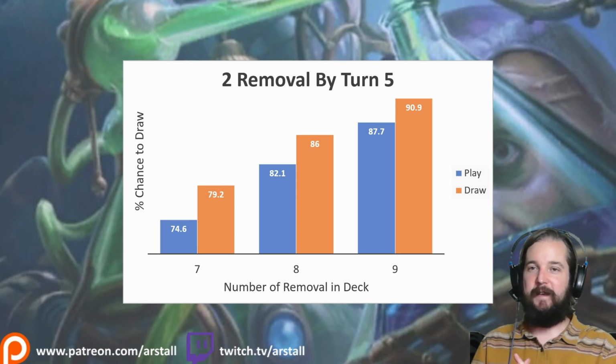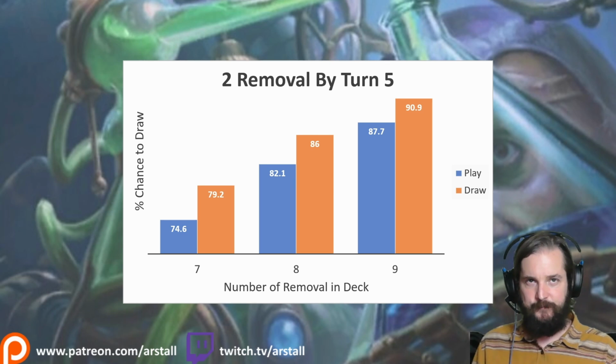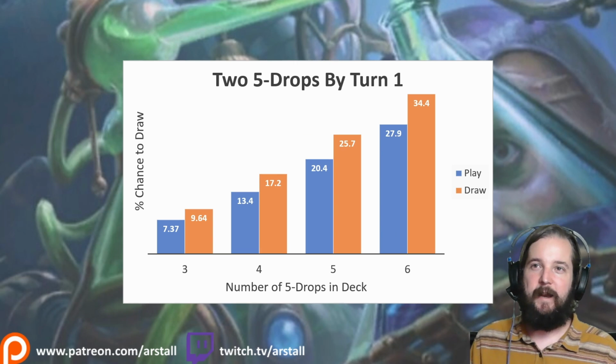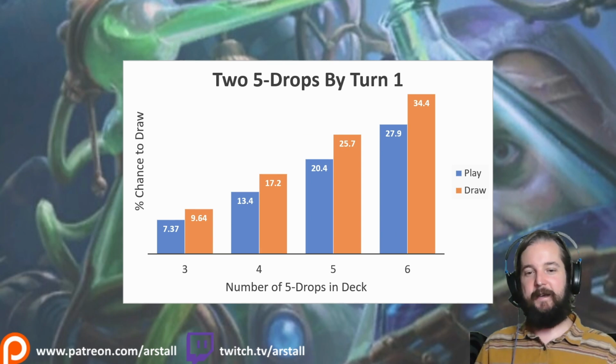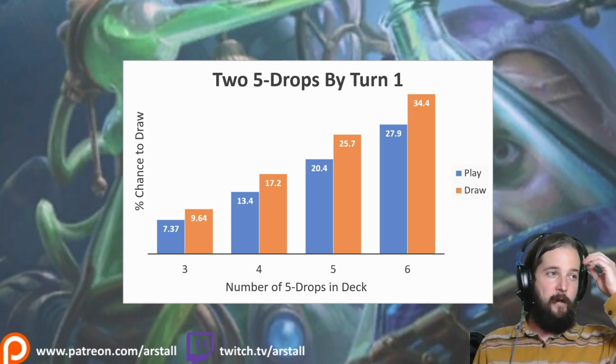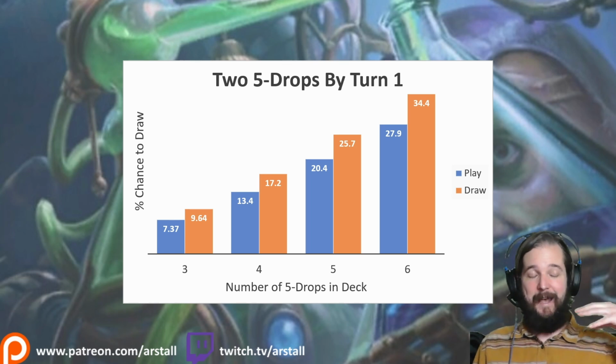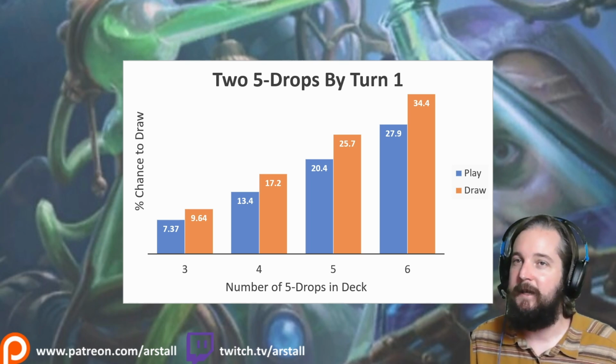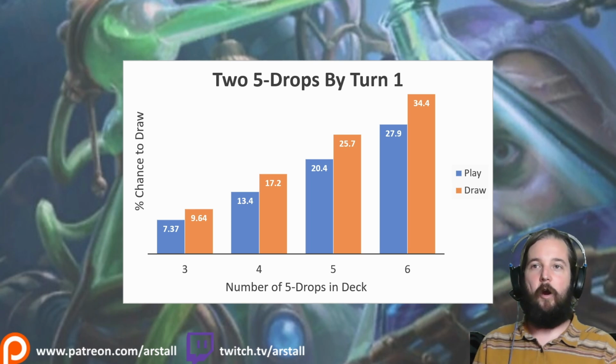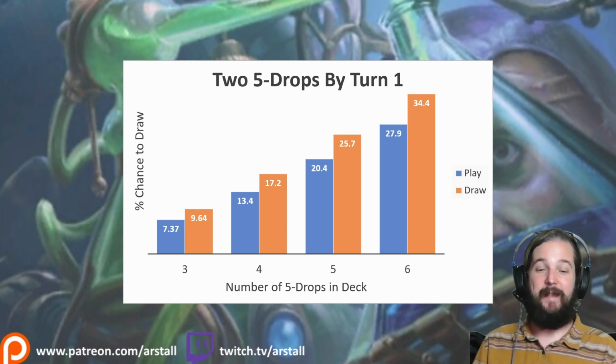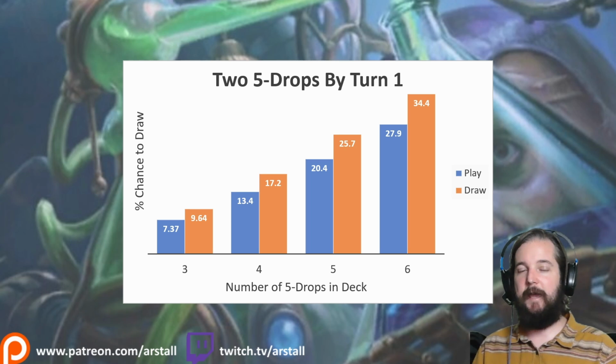So we can start out there with an easy, okay, we need at least 8 removal. And then kind of get into that same thing of like, we want to maximize our amount of late game threats, but we still want to keep it within that range where we aren't going to negatively affect our opening hands and basically have dead cards in our starting hand.